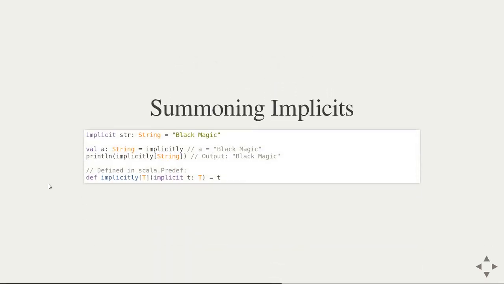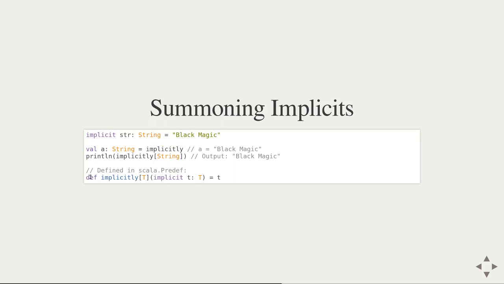Okay, so a couple of advanced implicit topics. Summoning implicits from the netherworld. I mentioned that there is an implicit scope, and if you want to be able to find out what variable is going to be used at any given time, so here I have an implicit string, and if I ever need an implicit string and I want to know what implicit is going to be used, or if I want to pull it out of the implicit scope and bring it into the explicit scope, we have this function called implicitly, which is provided by Scala's Predef library.